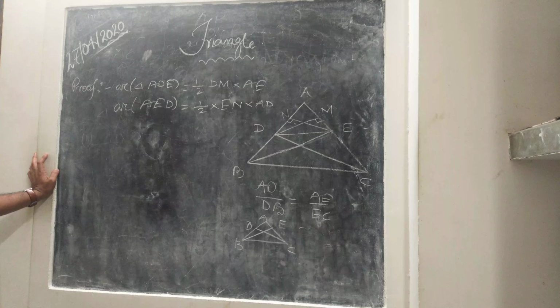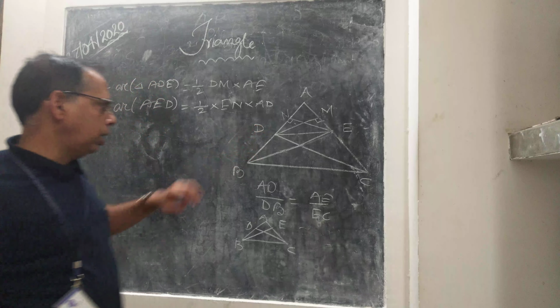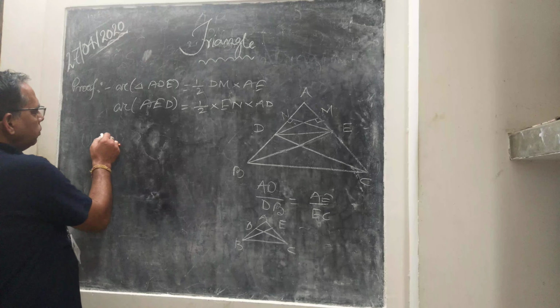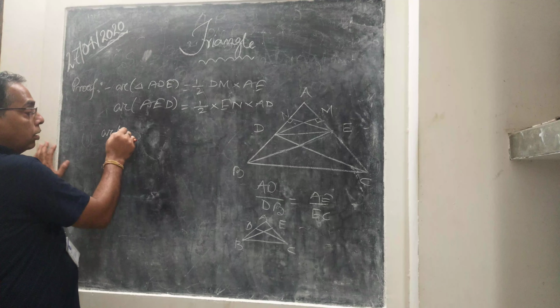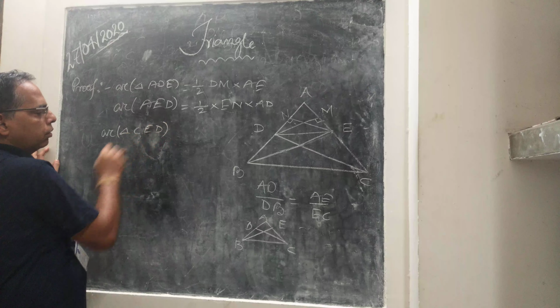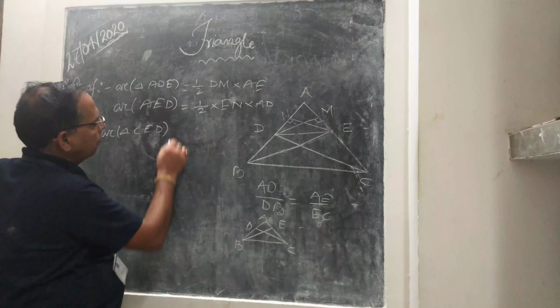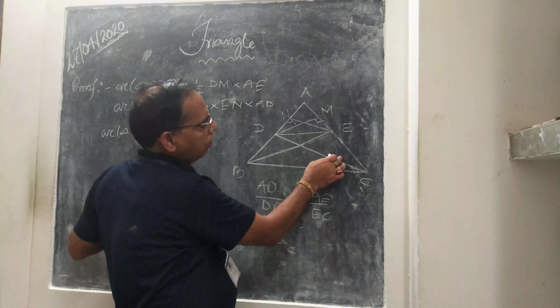Next, we have to write what is the area of triangle BDE. Area of triangle CED equal to what? Half, CED.